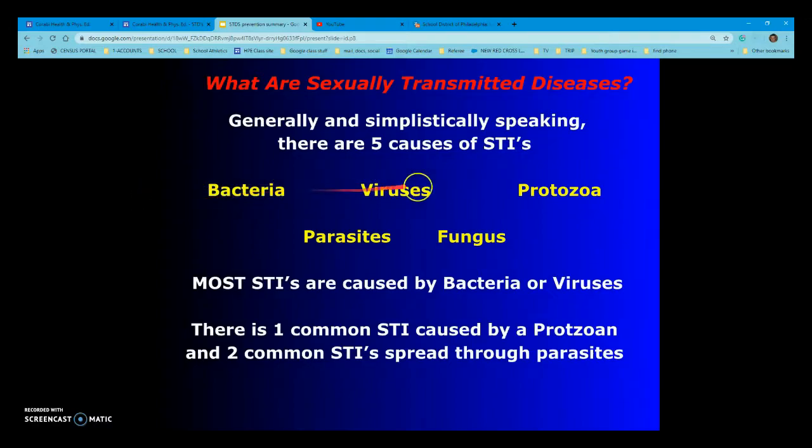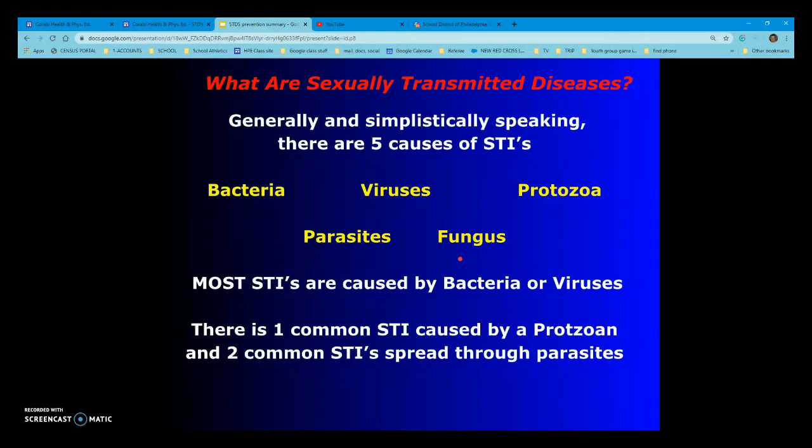The 5 main causes of sexually transmitted infections are bacteria, viruses, protozoa, parasites, and fungus. We're pretty much not ever going to talk about the fungus-caused ones because they're sort of just like yeast infections and athlete's foot. They can be spread from person to person, though, with close intimate contact.